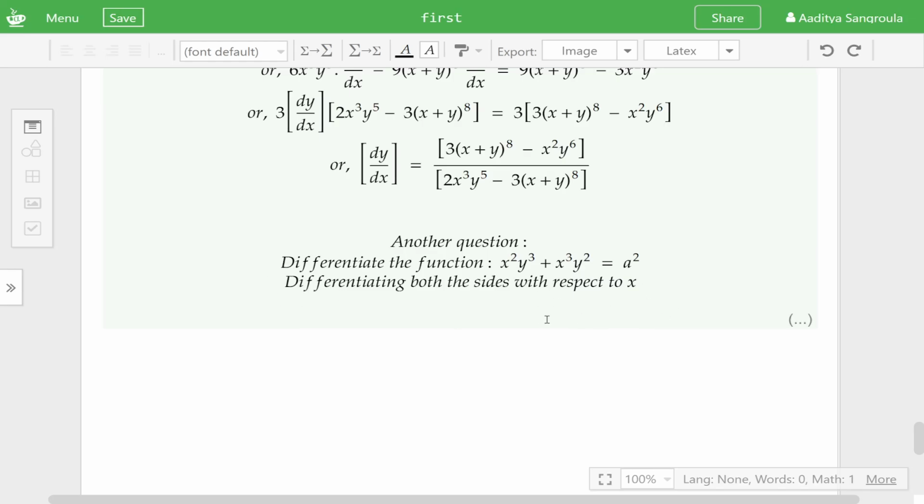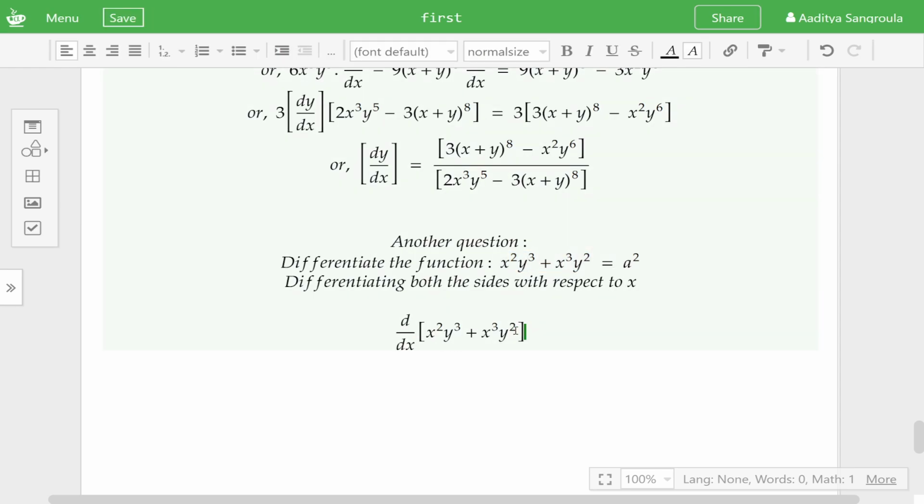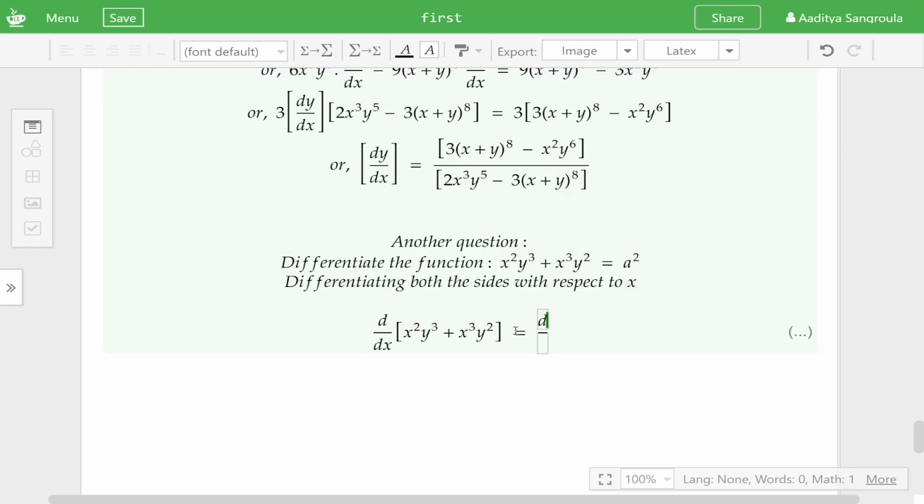So differentiating both sides with respect to x, what do we get? Well, we get d over dx of this being equal to d over dx of a squared. And then we now simply use the product rule for both of these after using the sum rule.